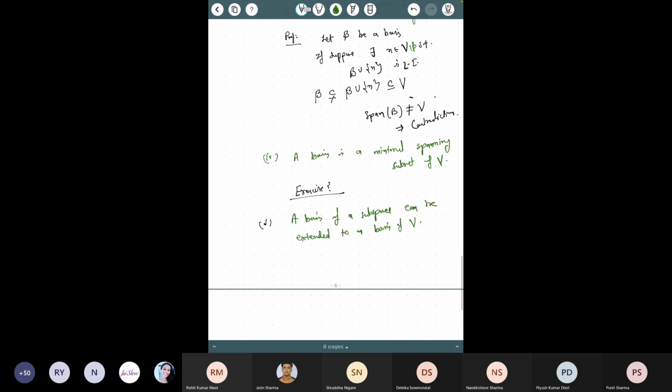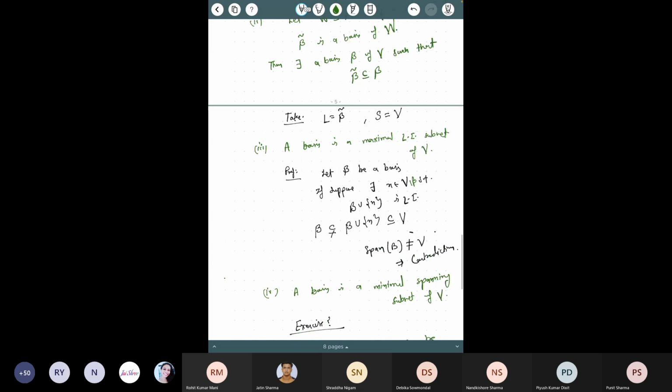You can see that this can also be proven using the second corollary.